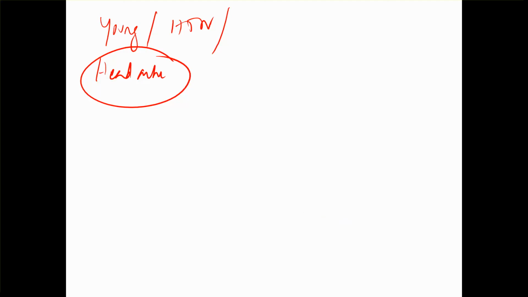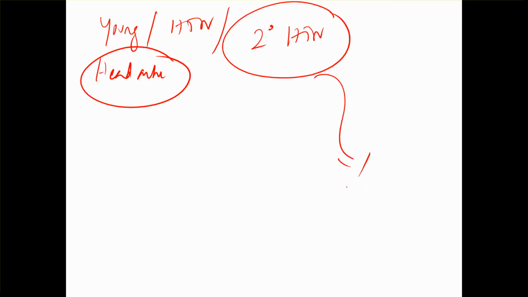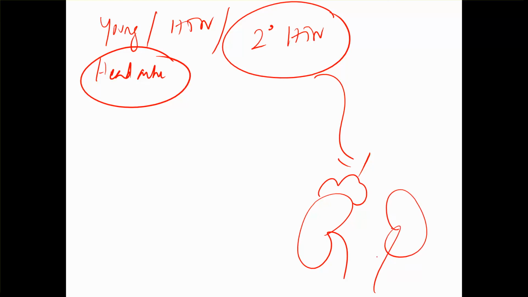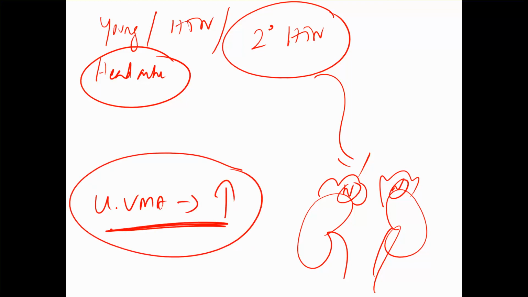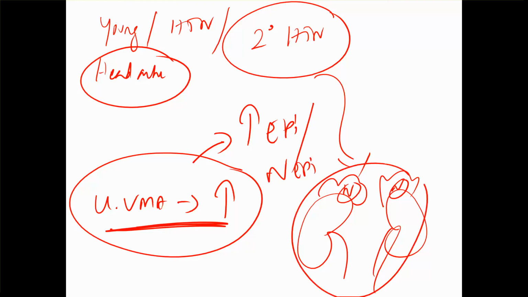Immediately you suspect secondary hypertension, and you ask them to get an ultrasonogram to look for some tumor in the adrenal medulla. But the adrenal medulla is normal. You check urinary VMA, and it is increased. So it is 100% suggesting that there is increased epinephrine and norepinephrine, but there is no adrenal medullary tumor.